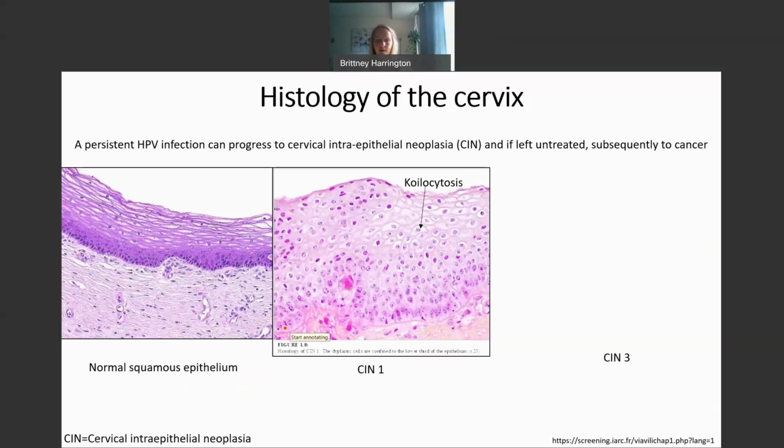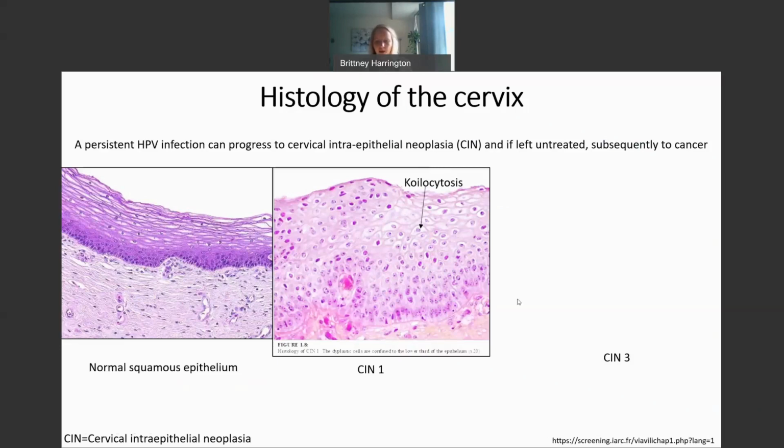So you still have a basal layer intact, but you see much greater numbers of cells and this koilocytosis. So you're getting nucleated cells and aberrant nuclei progressing up through the layers and even the uppermost layers. So they're not differentiating, or de-differentiating, I should say. And so you get greater numbers of cells and disruption of these layers.